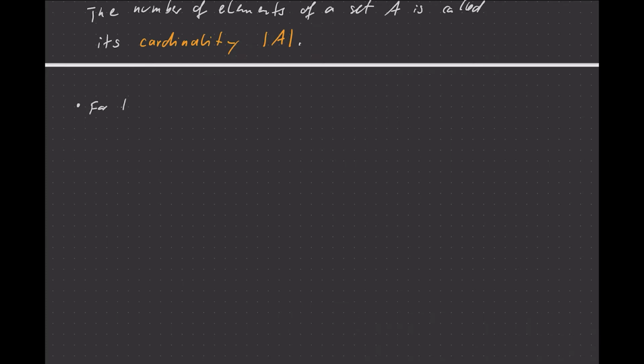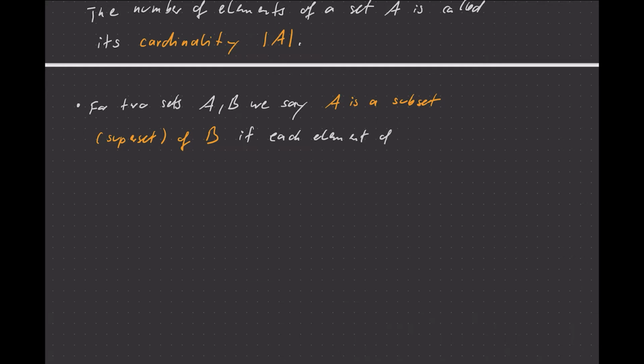So for two sets A, B, we say that A is a subset, or similarly a superset, of B if each element of A is also contained in B for the subset, or if each element of B is also contained in A for the superset.